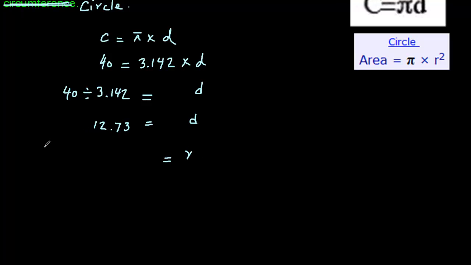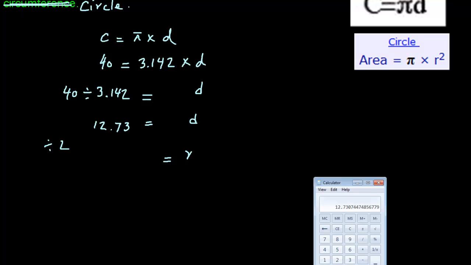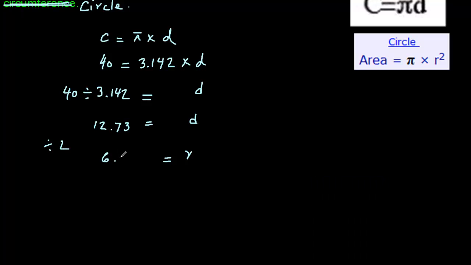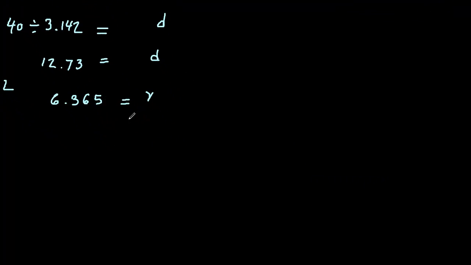Divide that by 2, which gives me about 6.365. 6.365 up to one decimal place is 6.4 centimeters.